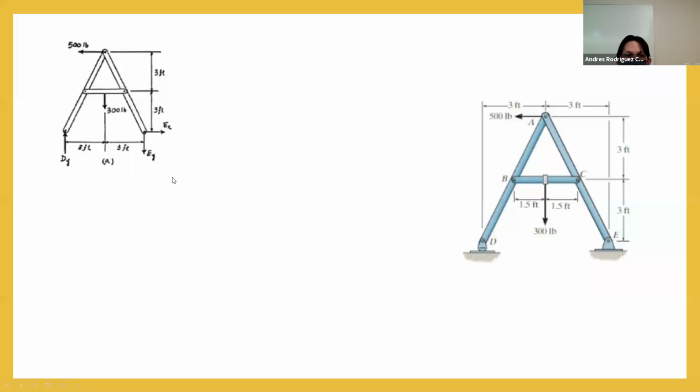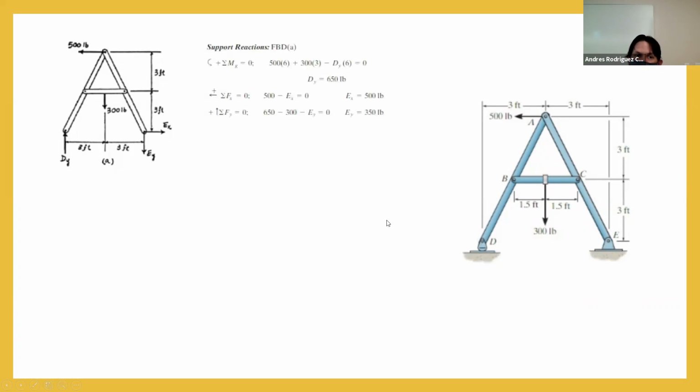So right now, we are going to work with the first body diagram in order to obtain the resultant forces in the nodes. As we can see, we got a roller here, and we got a pin here. So we got a vertical load here, a vertical reaction here, and we got a vertical and horizontal reaction here.